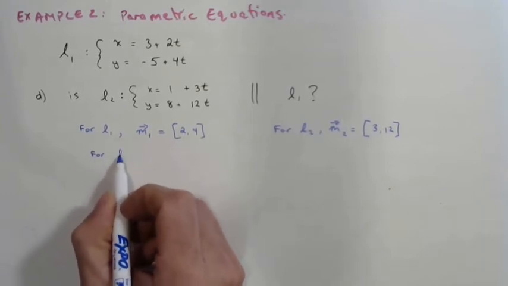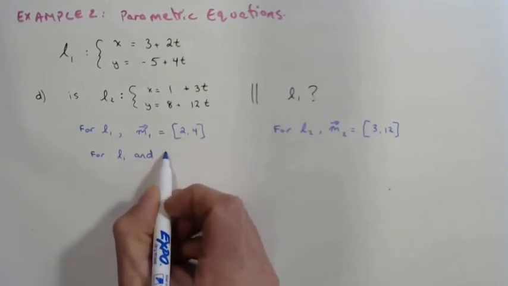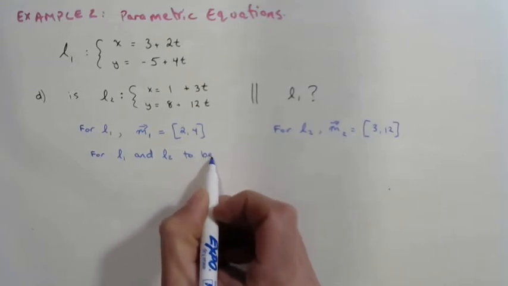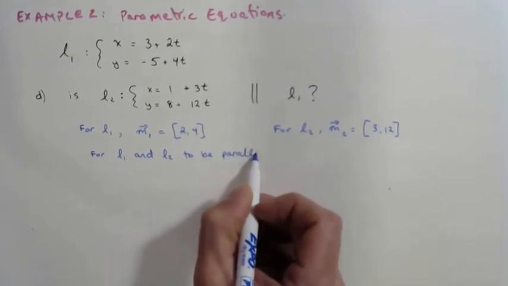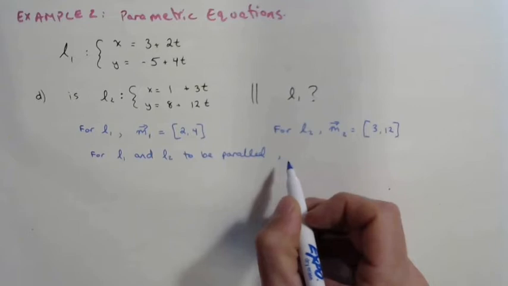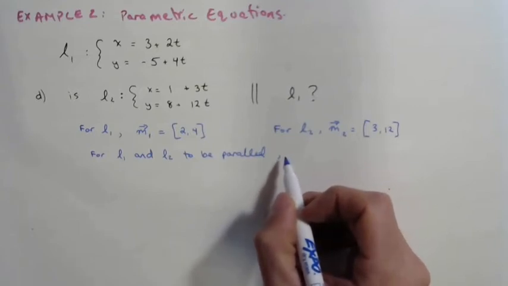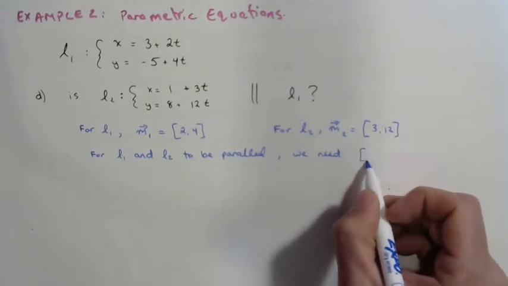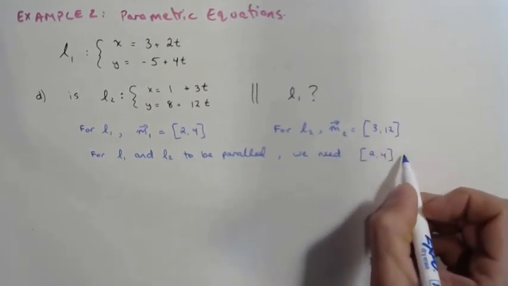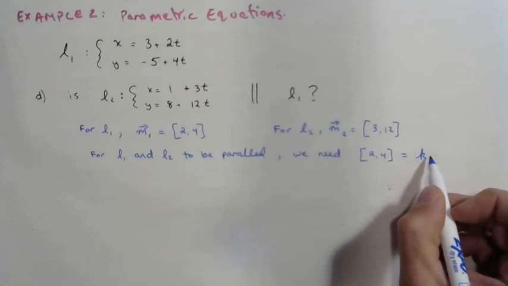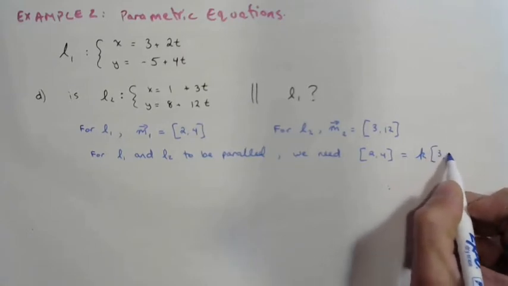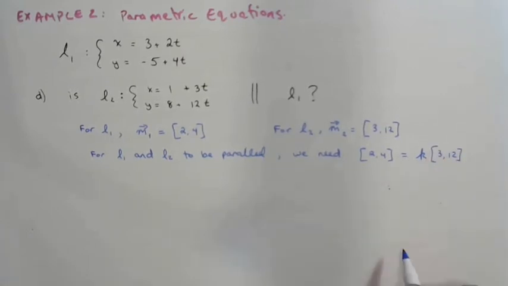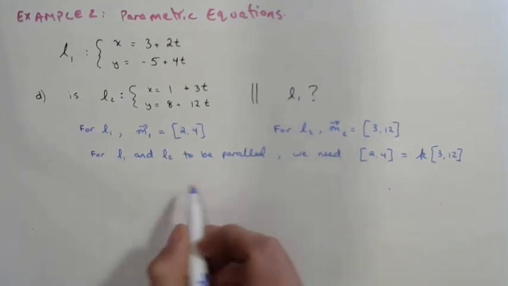For L1 and L2 to be parallel, we need 2, 4 to be equal to some multiple of 3, 12. Okay? Well, let's work this out.